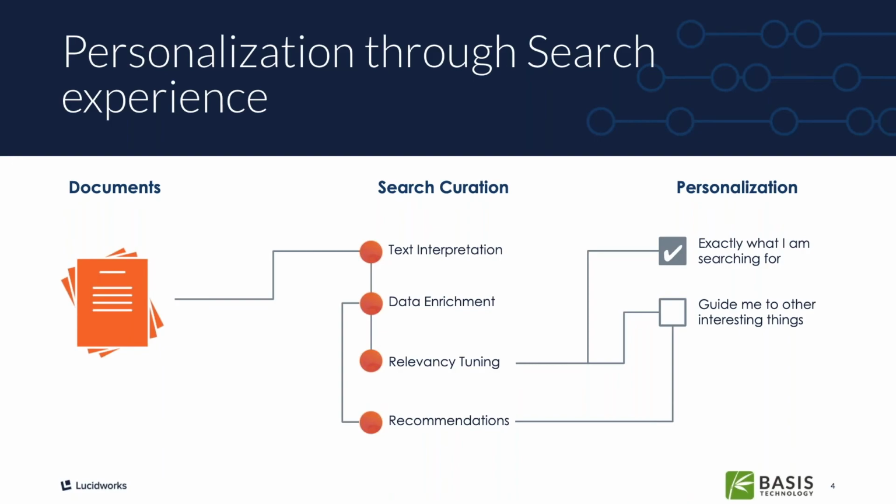When we're able to complete these steps, we can move into personalization. And through relevancy tuning, we can give the users exactly what they're looking for based on the intent of their queries. And also, once they start the exploratory exercise, we can guide them towards other interesting things by using recommendations very intelligently.